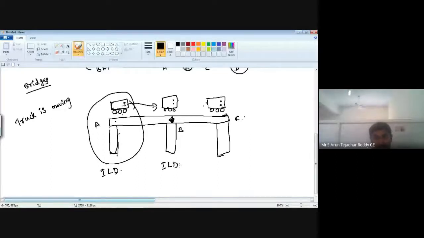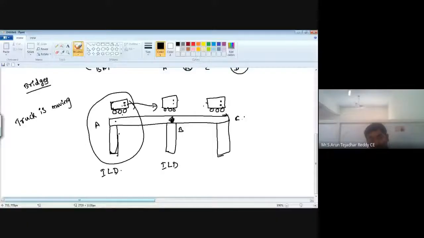After completion of point B, the truck is traveling from point B to point C. The live load is traveling from B to C. Due to that load, at point C we will have some influence line diagram.